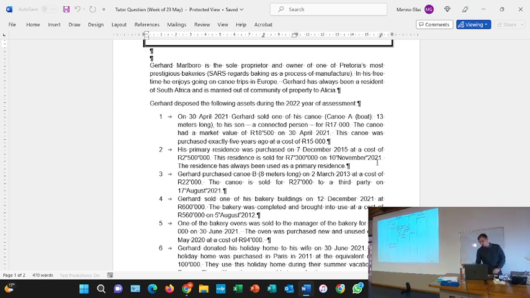Do you have any allowances on a primary residence? So you go straight to your CGT calc, you don't do a recoupment.